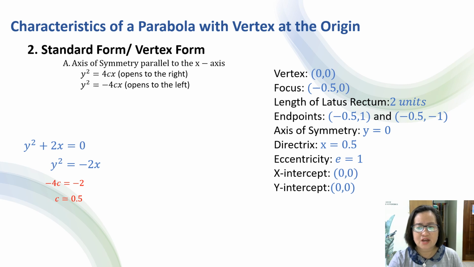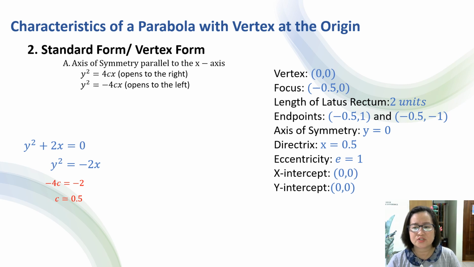For the length of the latus rectum, we just get the absolute value of 4c, which is the absolute value of negative 2. In order to get the coordinates of the endpoints, we will add or deduct 1 unit to the ordinate of the focus, which is 0.